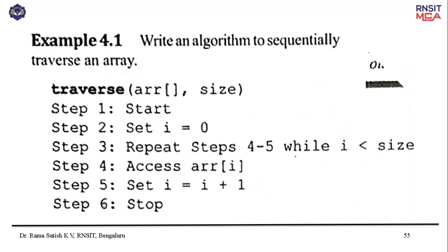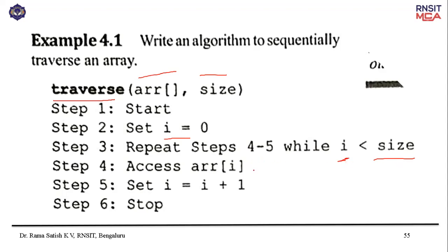And the algorithm for traversal. Here we have named the algorithm traverse, where ARR is the array and size is the size of the array. You create a variable I, and repeat steps 4 and 5 while the value of I is less than the size.